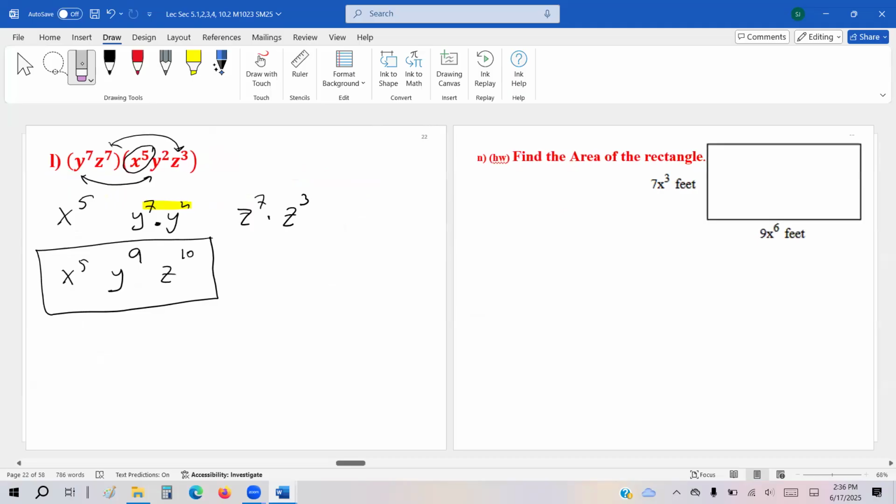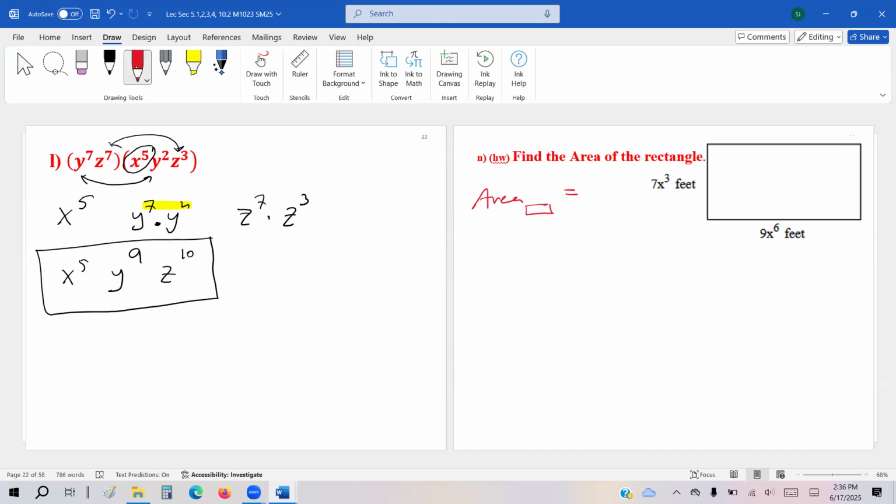And now comes homework question. You have a rectangle, and instead of giving you the length and width with the numbers, they give you numbers and variables. And they are asking you to find the area of this rectangle. So question number 1. What is the area of any rectangle with length L and width W?